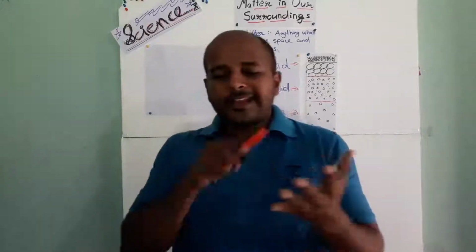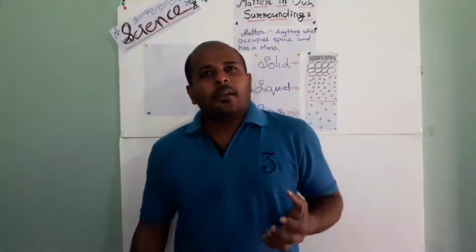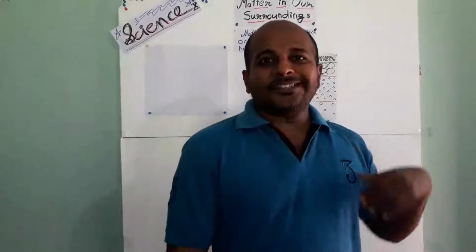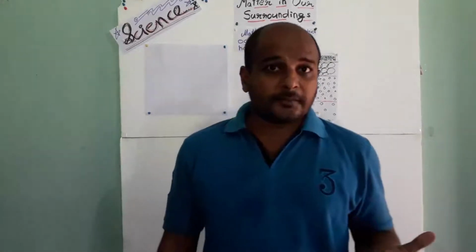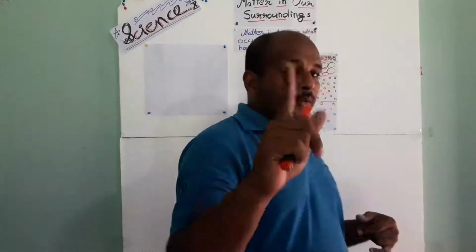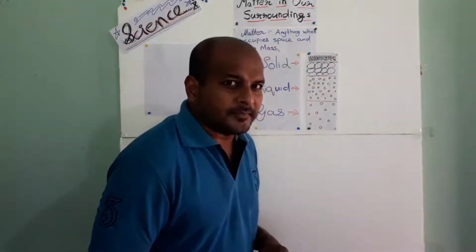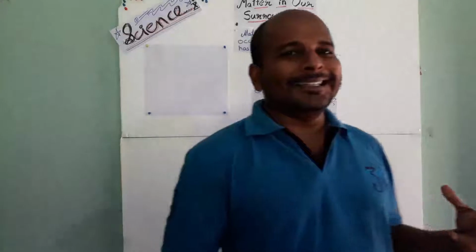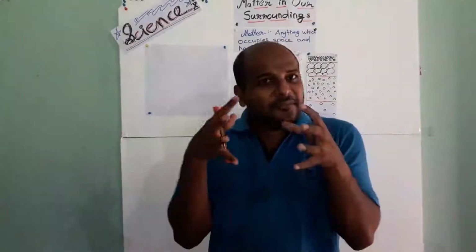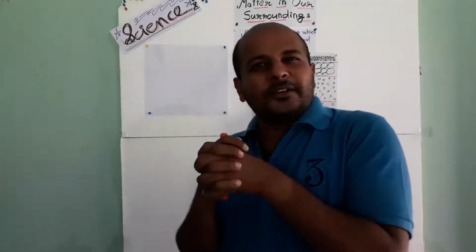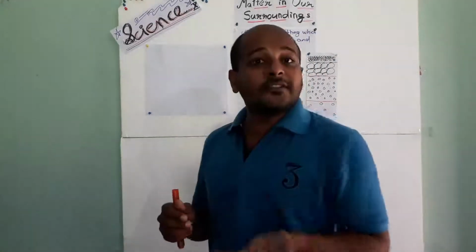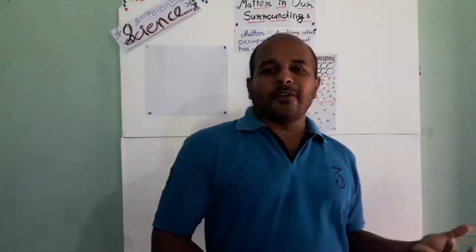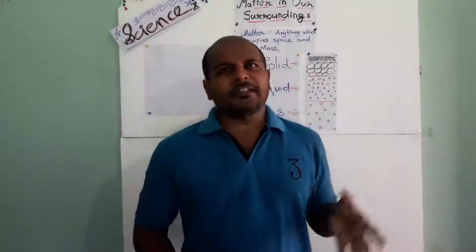But in the case of nail, chalk and rubber, which solid will be easier for us to break? Of course the chalk, isn't it? So from that what can we understand? In chalk, the attraction power of particles is very, very low. In the case of rubber band, it is a bit more than the chalk. And in the case of iron nail, it is maximum.